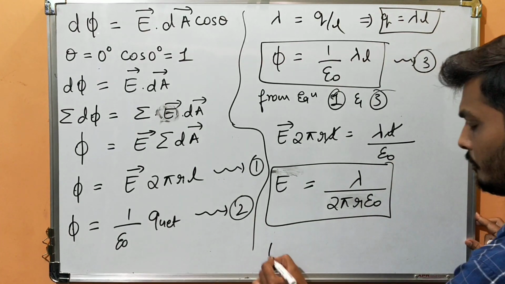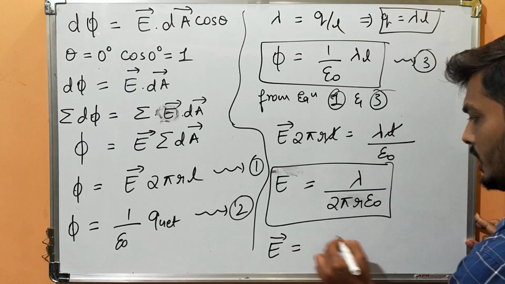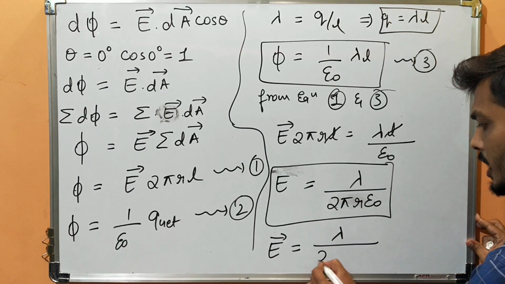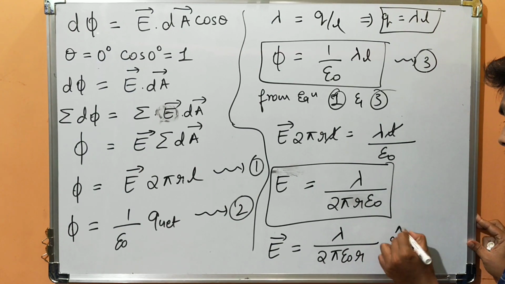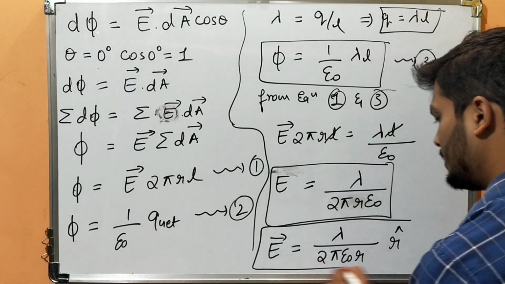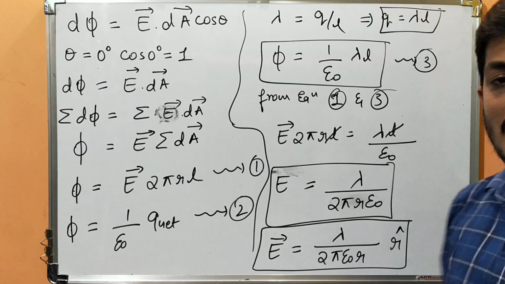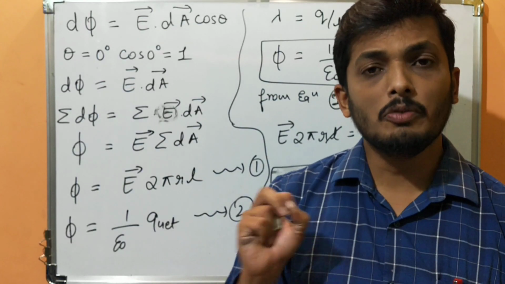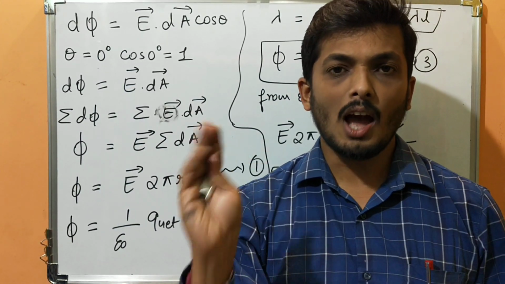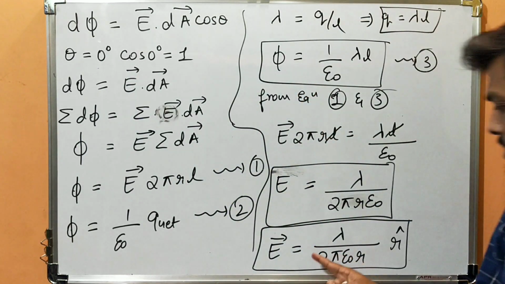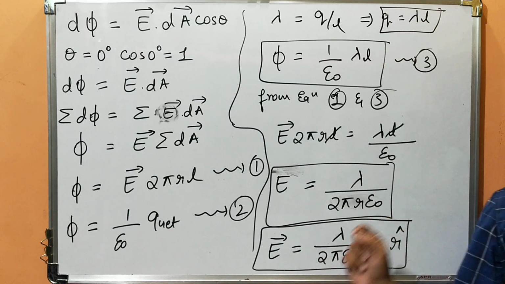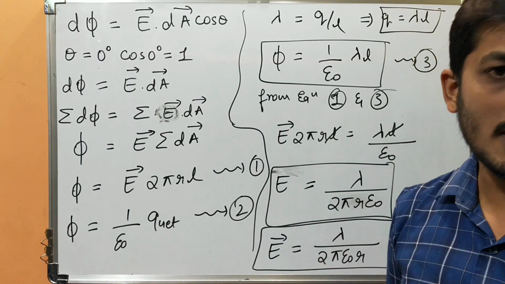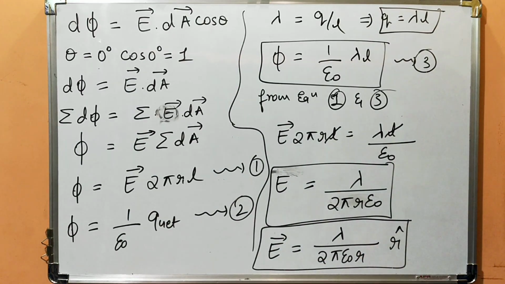If I want to write it in vector form, E equals lambda divided by 2 pi epsilon naught r, and here I will write r cap, where r cap is my unit vector, directed radially away from the wire. So this is the expression for the electric field at a point due to an infinitely long straight charged wire. Have you understood?